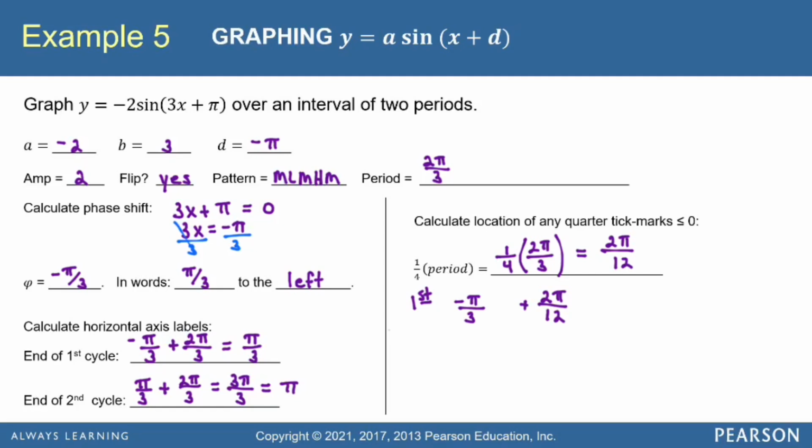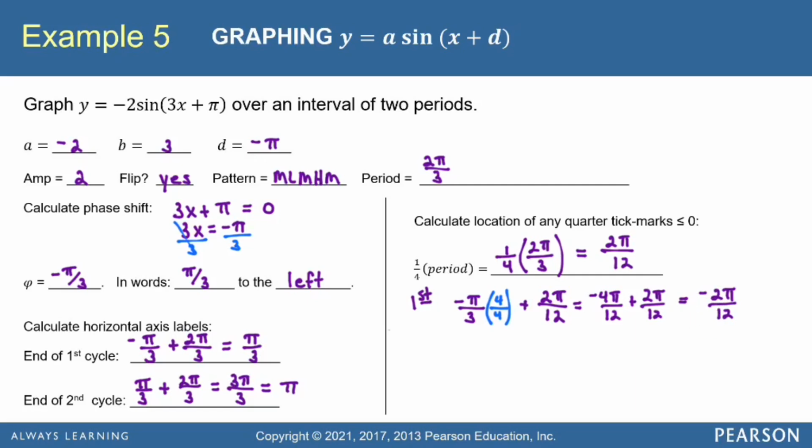So what I'm going to do is get a common denominator here for the 3 and the 12. I know that 3 times 4 is 12. So if I multiply this fraction by 4 over 4, then I'll have negative 4 pi over 12 plus 2 pi over 12. Together, those add up to negative 2 pi over 12. So our first quarter tick mark after our initial mark goes at negative 2 pi over 12.